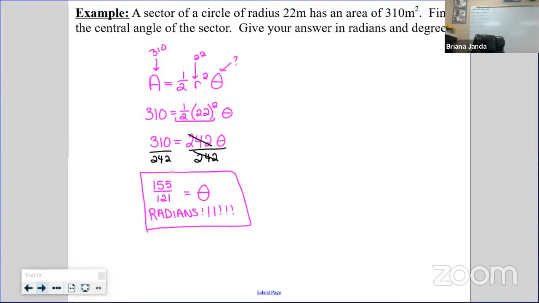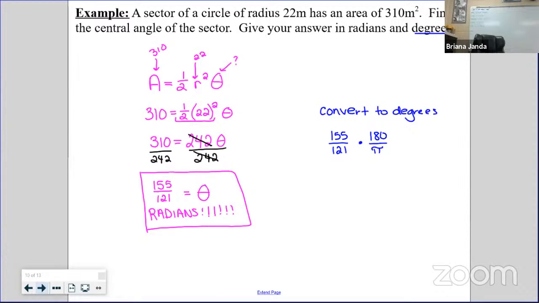It did ask us to convert again to degrees. So now I'm going to convert my radians answer to degrees. I don't change the number, right? The number is still 155 over 121. And my conversion to degrees is to multiply by 180 over pi. And if I have a pi in there, I'm going to go ahead and type it in because I don't have a pi to cross it off with. And that's okay.